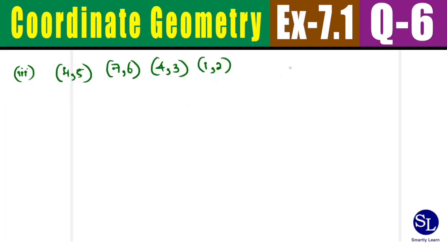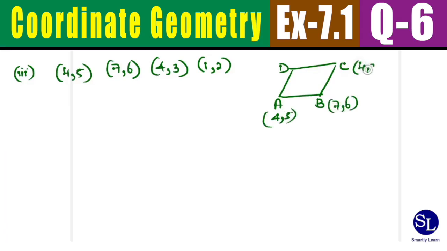Let's mark the diagram once again to know what kind of figure we are looking at. So A, B, C, D. A is (4,5), B is (7,6), C is (4,3), and D is (1,2).